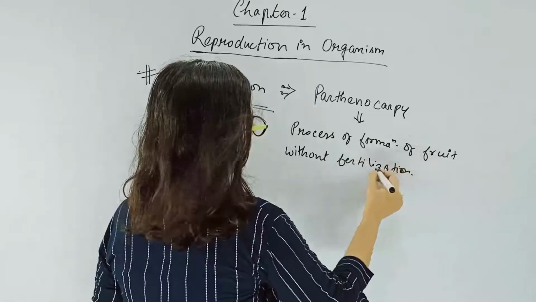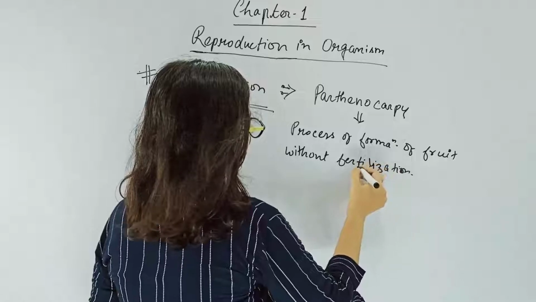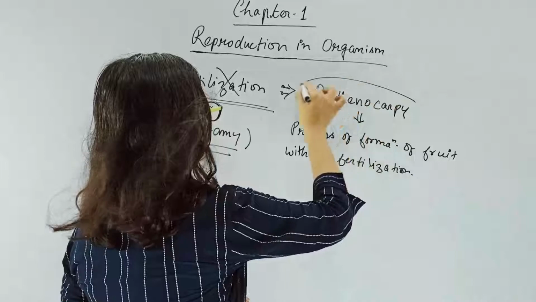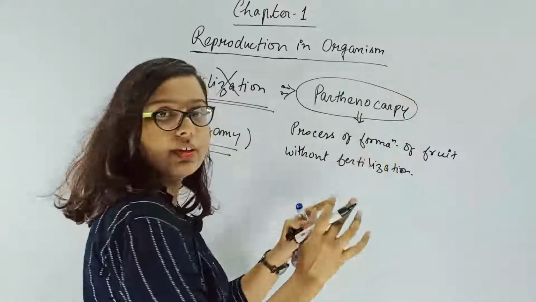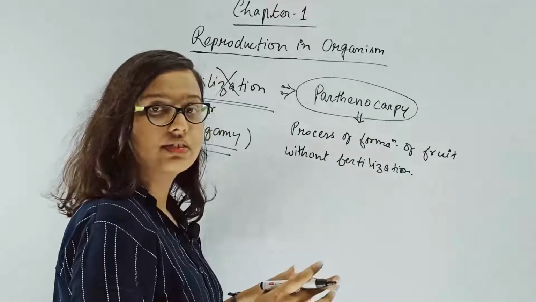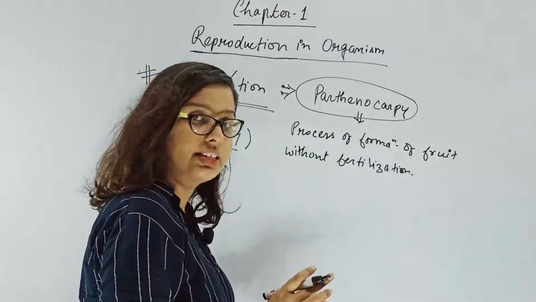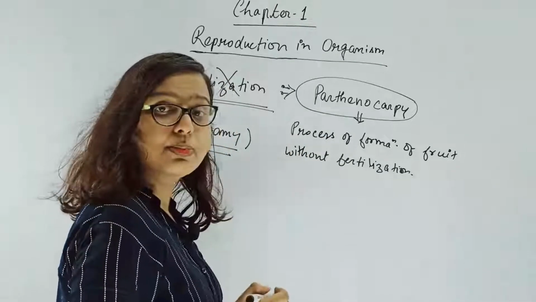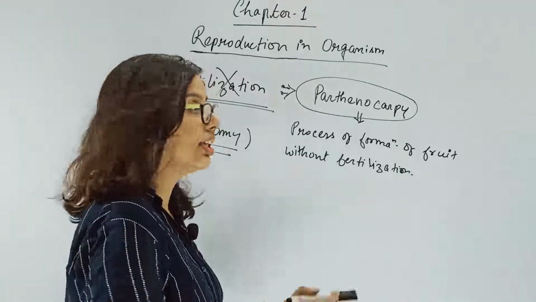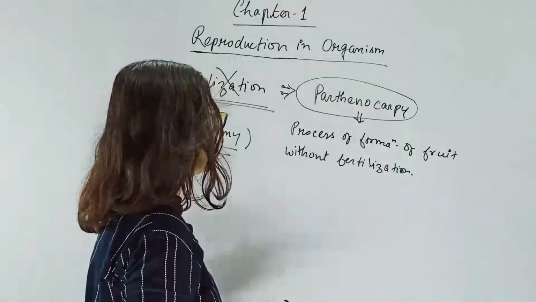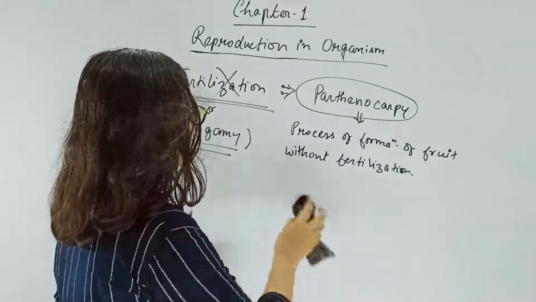You will study this in detail in the next chapter. Parthenogenesis was in case of animals. Parthenocarpy is there in the case of plants. But both the two processes are about skipping of fertilization. No fertilization has to occur in those exceptional cases.